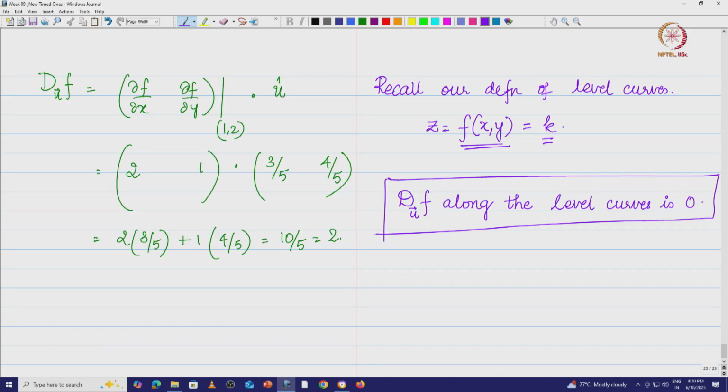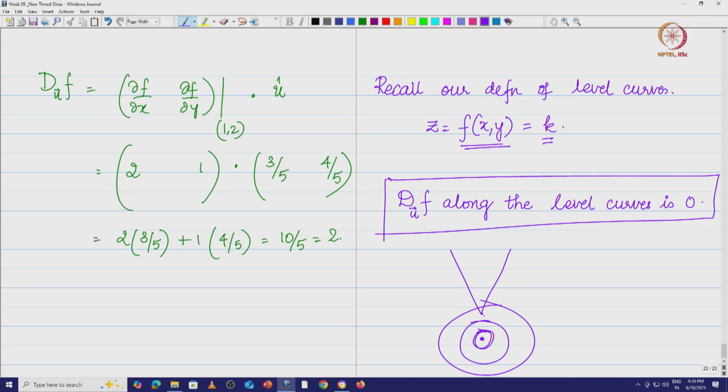Most important understanding. So what does it mean? Suppose we looked at that cone in 3D. The level curves are going to be concentric circles. Bear with me for this drawing, it is going to be a bit bad. So along the level curves, the function is constant, therefore the slope will be 0.